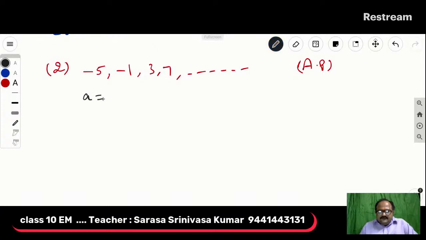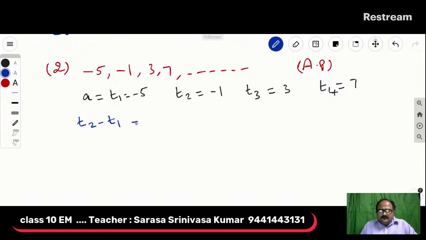So here the first term a equal to t1 equal to minus 5, t2 equal to minus 1, t3 equal to 3, t4 equal to 7. Now we write t2 minus t1. This is equal to minus 1 minus of minus 5, because t1 is minus 5.